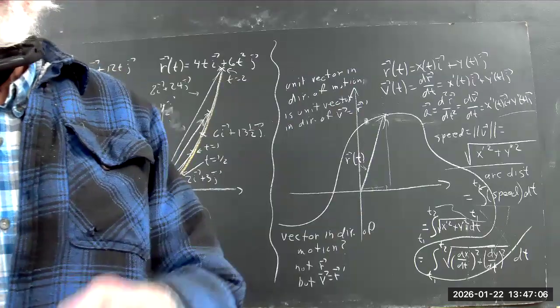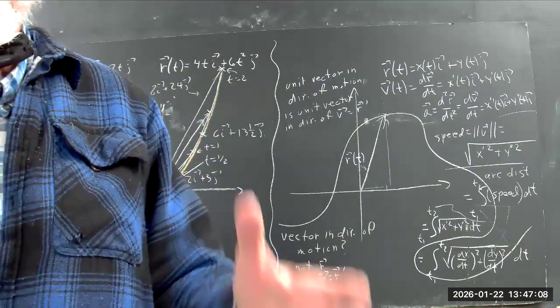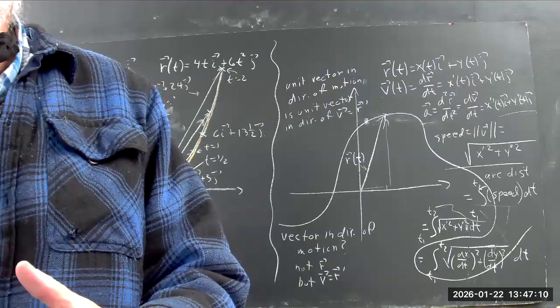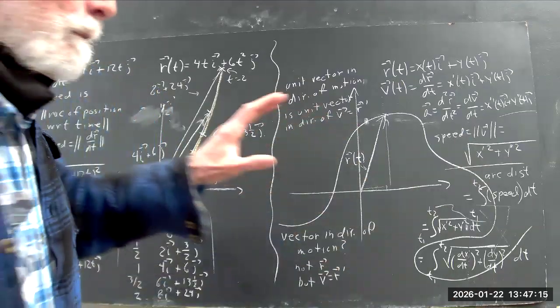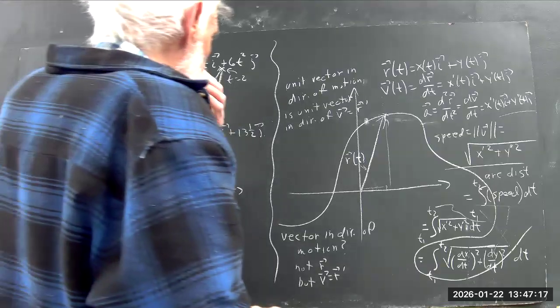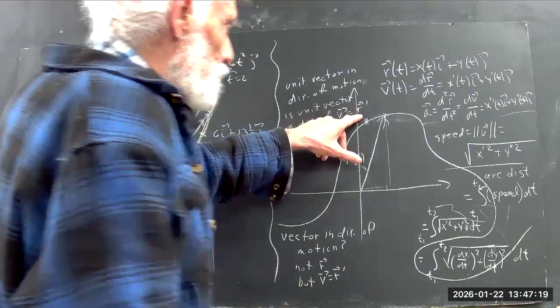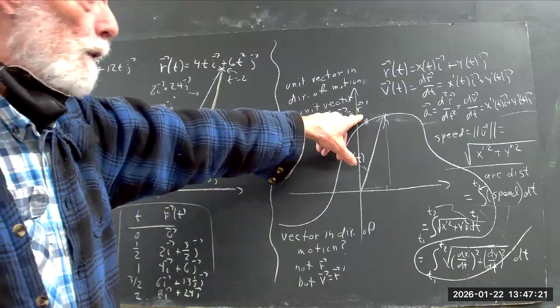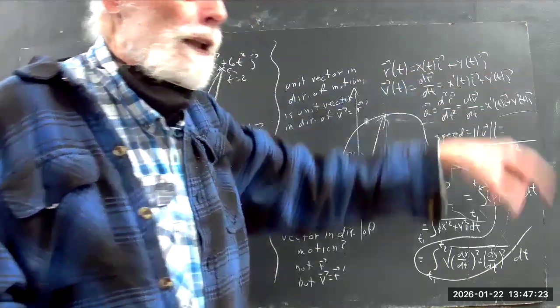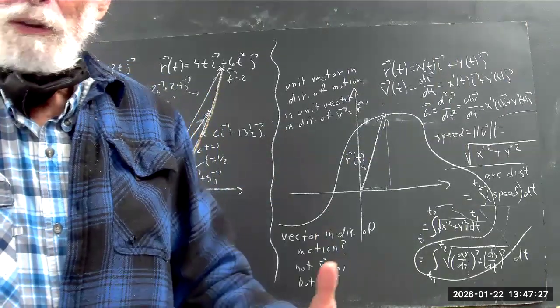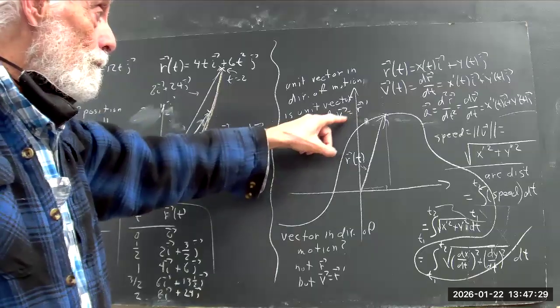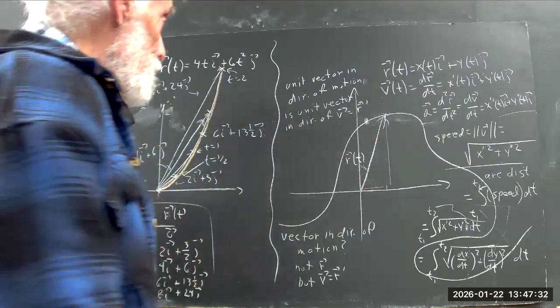And it doesn't matter if you're talking about time or some other parameter. Okay, you use arc length as a parameter. You'll see about that. You use any parameter. When you take the derivative of r with respect to whatever your parameter is, t, s, or aardvark, you're going to get a vector tangent to the curve.